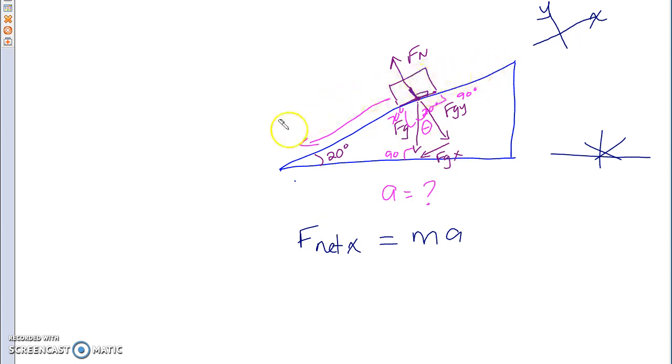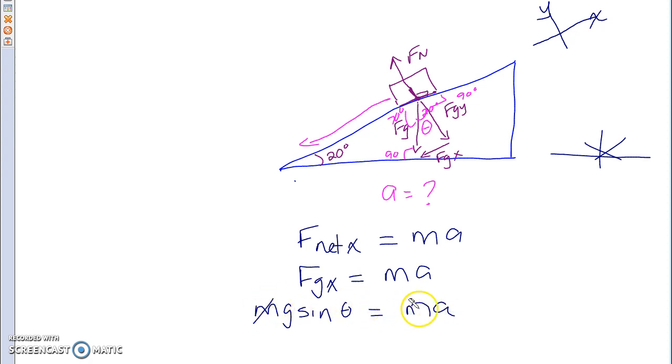We're allowing this object to slide down the hill. Fgx. Don't say Fg, because there is no Fg that way. So Fgx in the x direction equals mass times acceleration. Your Fgx is mg sine of theta, which equals ma. Your m and your m cancel out, and you are left with a equals g sine theta.